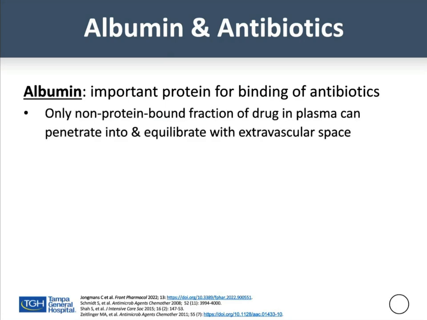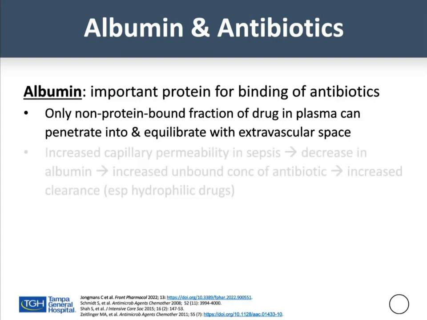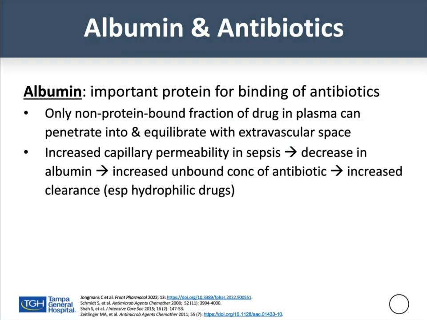Now, only non-protein bound drug that's in the plasma can penetrate and equilibrate with the extravascular space, and is going to be able to penetrate to our site of infection to exert its effect. So if you have a septic patient, you have increased capillary permeability, you're going to have potentially a decrease in that protein, in that albumin.